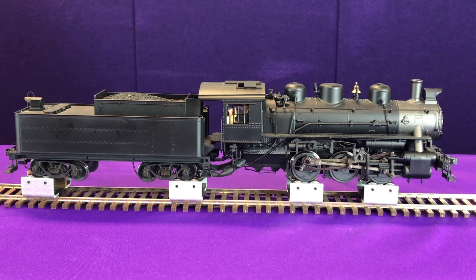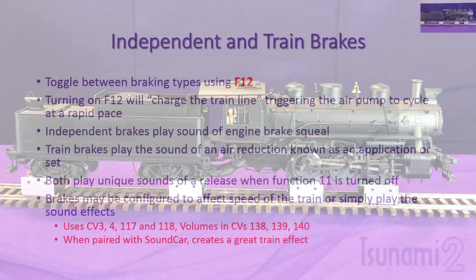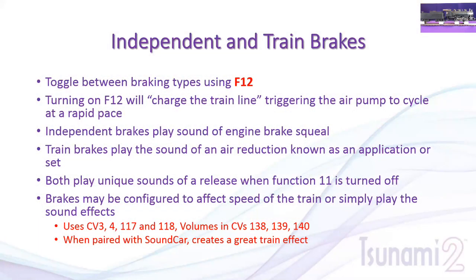So when we go to this, F12 is basically our toggle between the independent brake and our automatic brake. When F12 is off, we're going to be in independent brake mode. When F12 is on, we're going to be in automatic. And so you can hear the sounds, and it's all going to play based on how you're doing and what mode you're selecting.